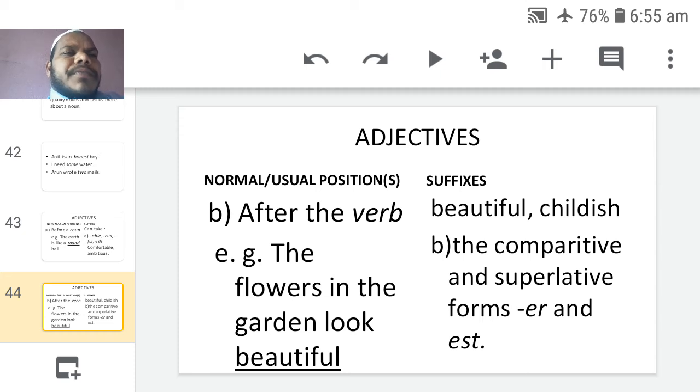Beautiful has the suffix ful. And we have seen that the suffix ish is taken by an adjective, as in childish. By seeing the position after the verb, we can identify an adjective. In the same way, the suffixes er and est, taken by adjectives, which we commonly see in the degrees of comparison, comparative degree and superlative degree.